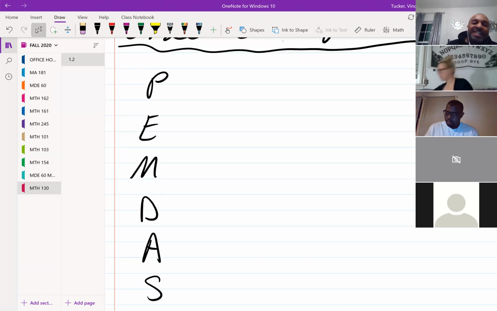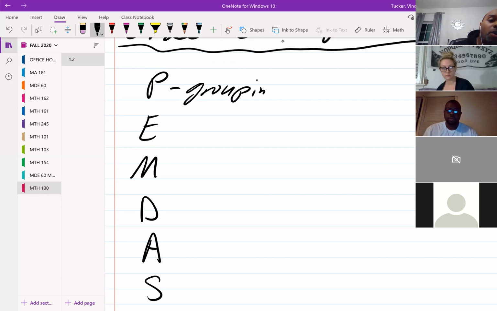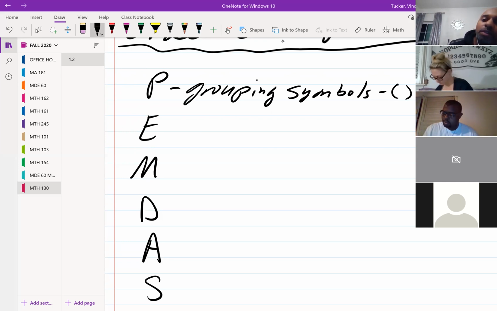P normally represents parentheses, as it was introduced back in elementary. We are going to use P for parentheses, but really it represents all grouping symbols: parentheses, brackets, and braces.